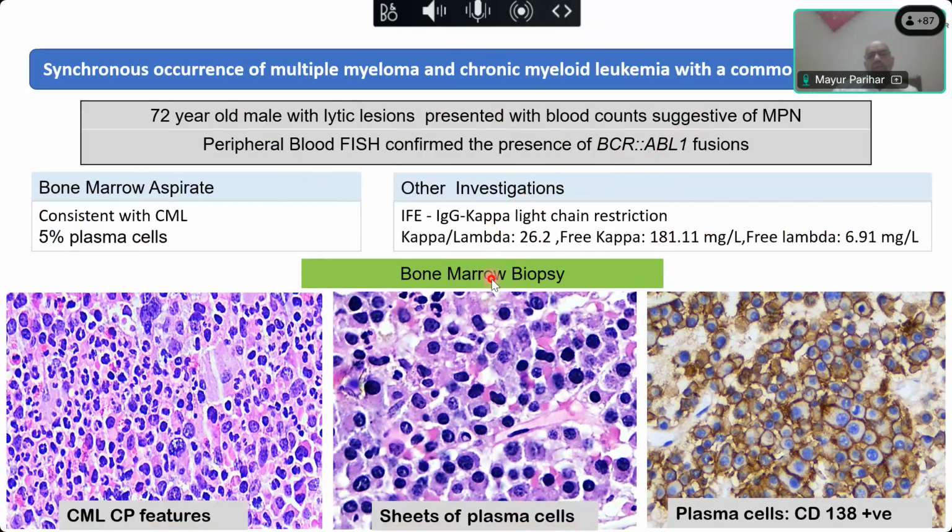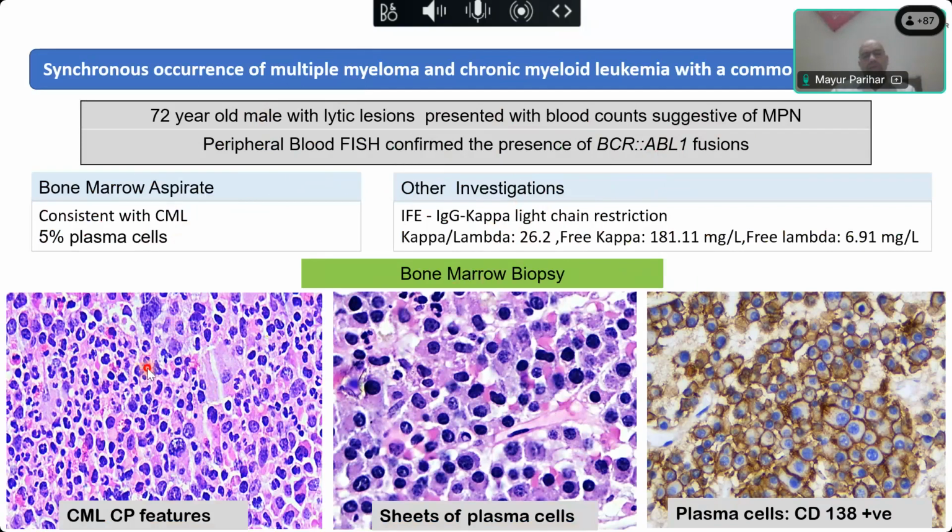When we did a bone marrow biopsy, we had two cores which were kind of intermixed. In this core, you see a complete picture of a myeloproliferative neoplasm or chronic myeloid neoplasm, and here you see sheets of plasma cells that are positive for CD138. This patient, who on peripheral blood was only suspected of having an MPN, had lytic bone lesions, so there was also a suspicion of myeloma.